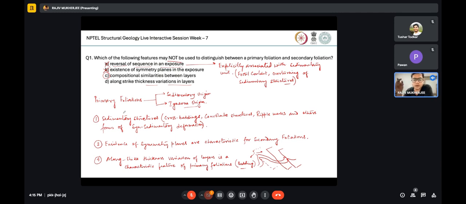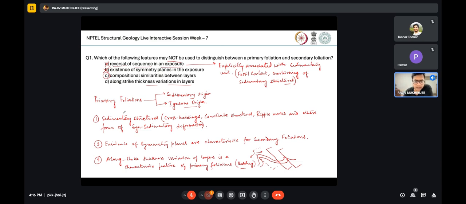Now, if we look for compositional similarities, then we are purposely eliminating the fact that compositional similarity within a rock cannot help us in identifying whether this foliation is primary or of secondary origin, right?